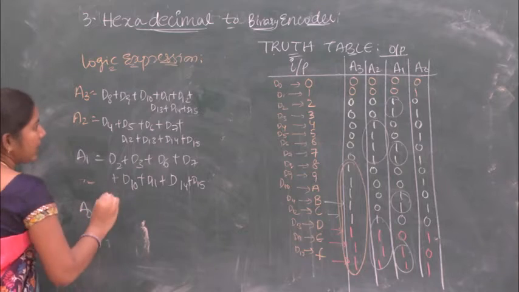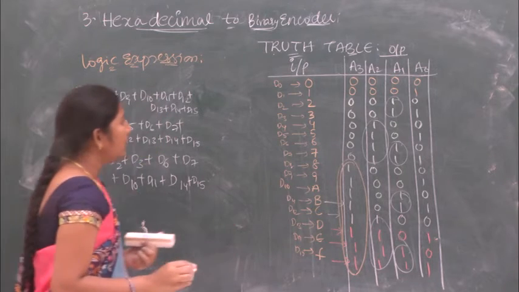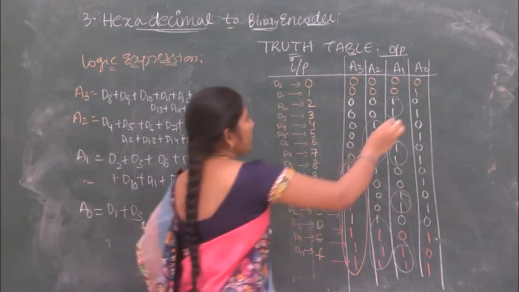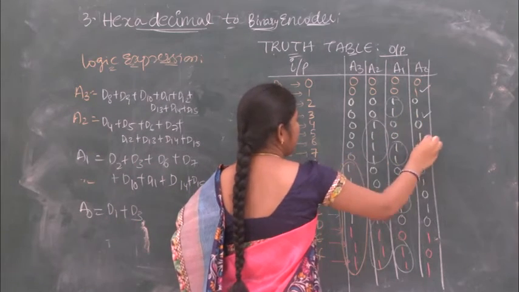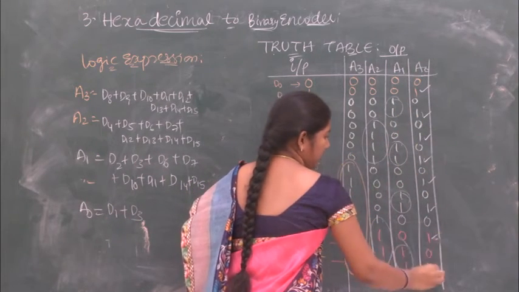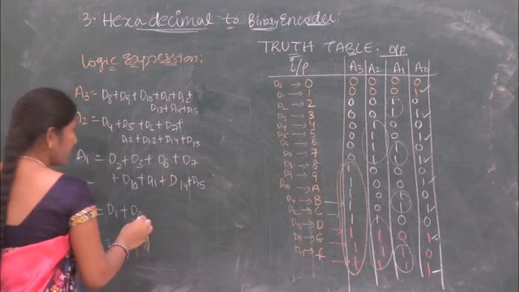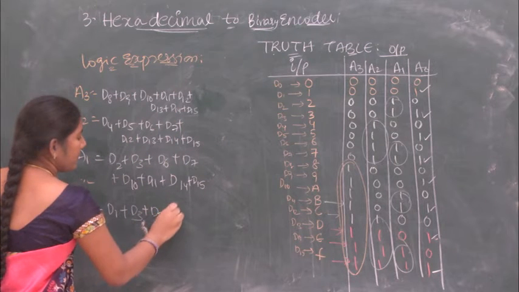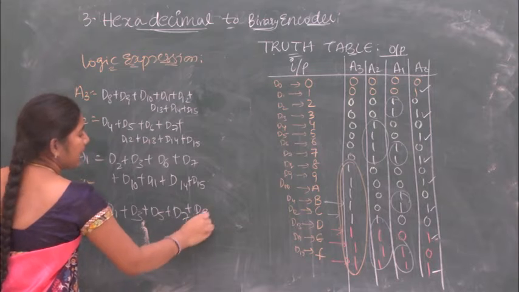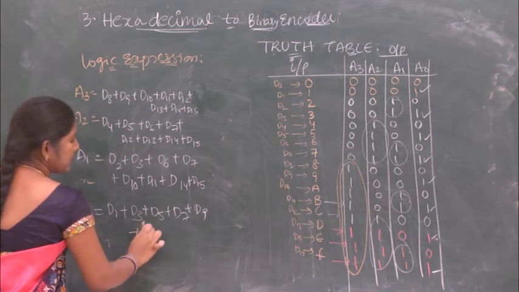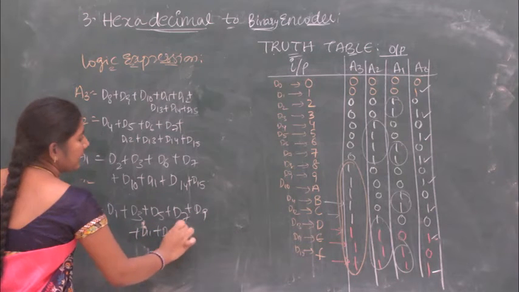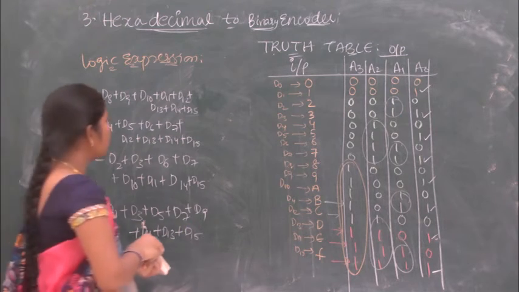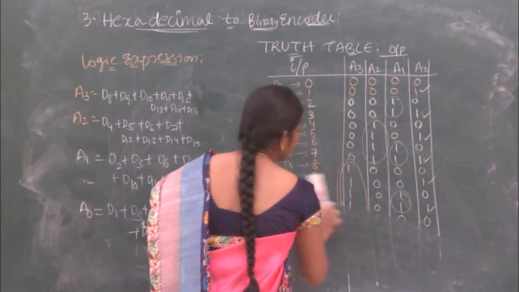And A0 is high for D1, D3 in all these cases. So I can write D1, D3 plus D5 plus D7 plus D9 plus D11, D13, D15. So as we know the logic expression, we can develop the logic diagram.